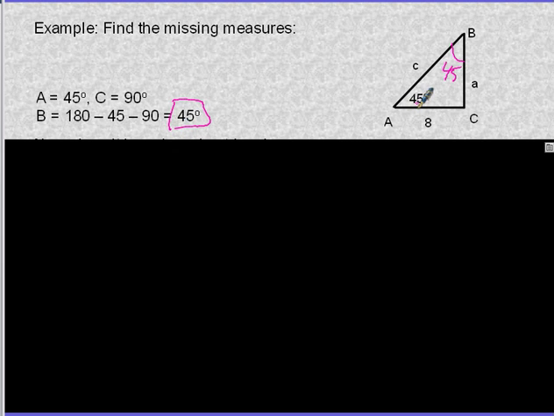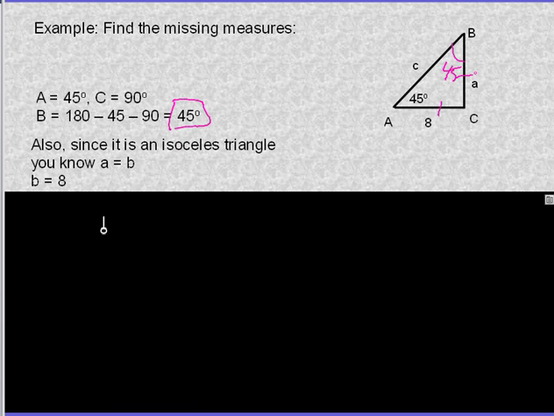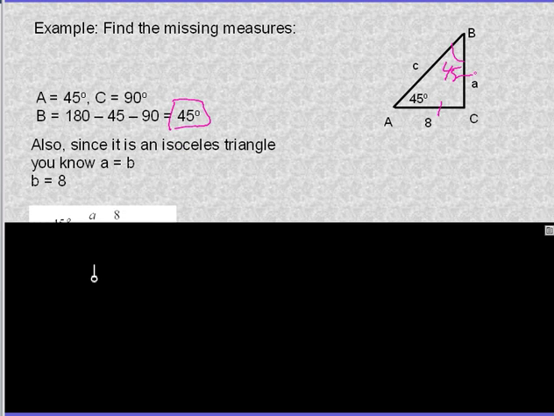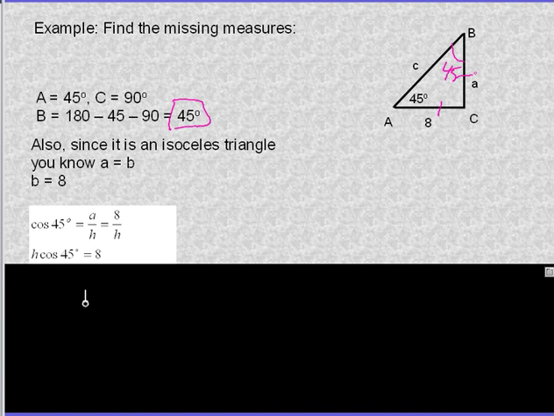So it's easy to find A because it's going to be equal to B, so A is going to be 8. This is how I'm going to find the hypotenuse. You could use the Pythagorean theorem.